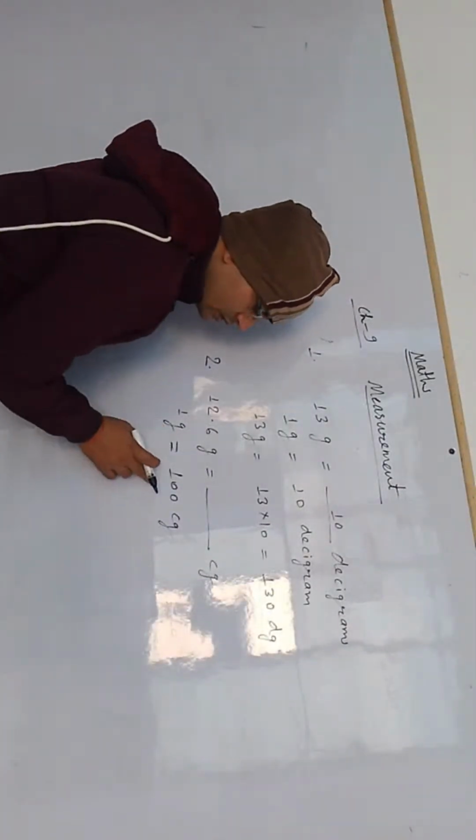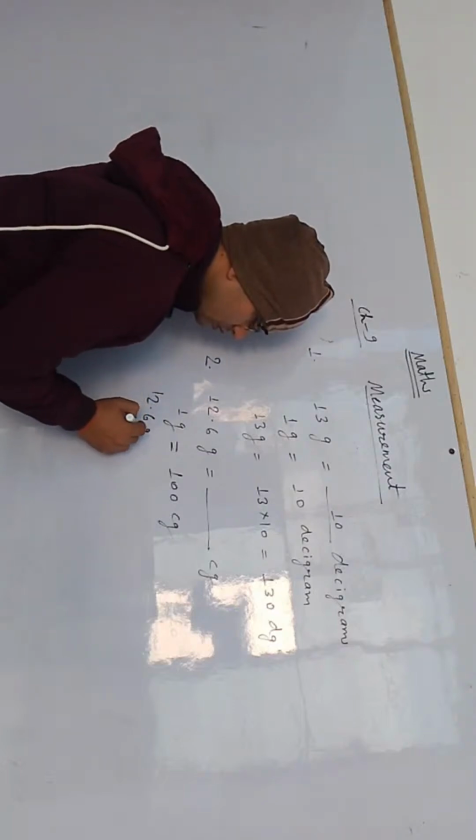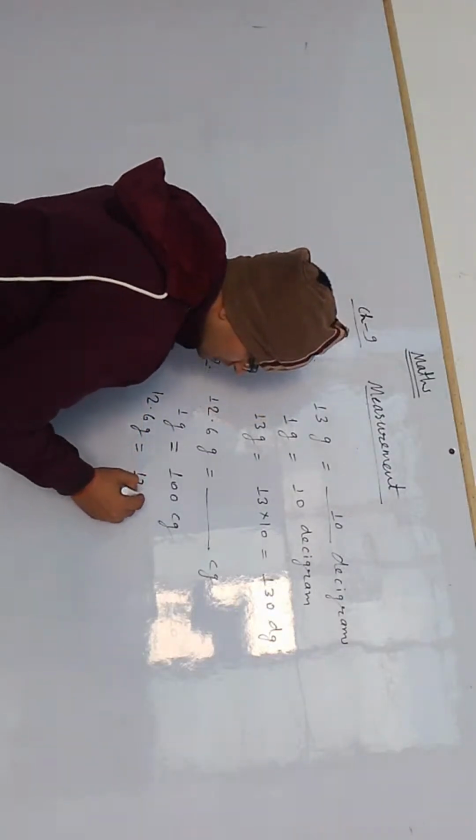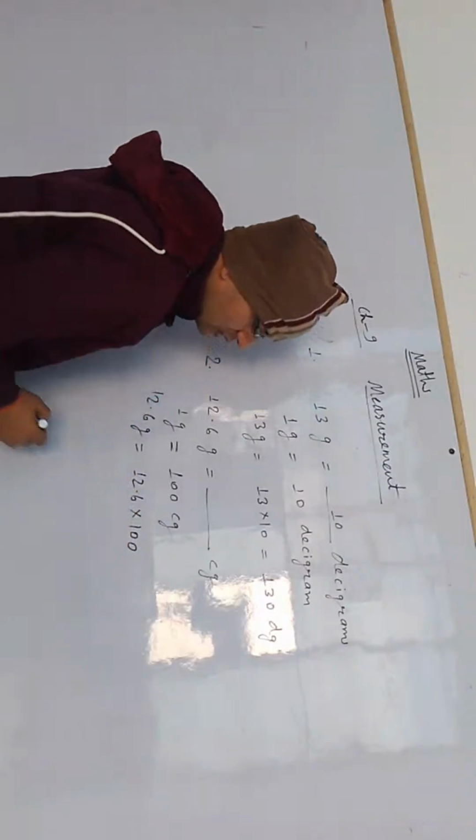1 gram is equal to 100 centigram. 12.6 gram is equal to 12.6 multiplied by 100.